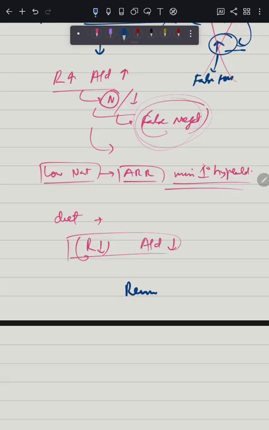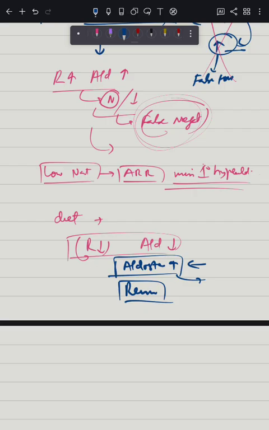Even with liberal salt intake, aldosterone remains high, and renin although suppressed, aldosterone still remains on the higher side. So the disease becomes more obvious. So a liberal salt intake unmasks the disease or makes the ARR result more reliable in this case.